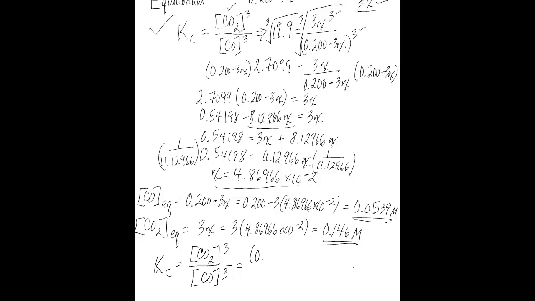So carbon dioxide gas is 0.146 molar cubed. Carbon monoxide gas is 0.0539 molar cubed. And when you solve, you're going to get 19.9 rounded to 3 significant figures, and that is your original Kc value. So you've checked your work, and your work was correct, so you're done.